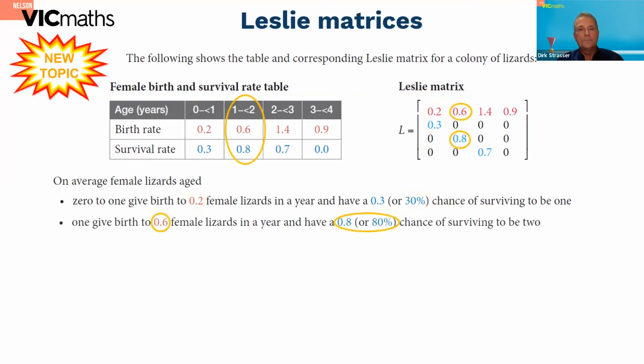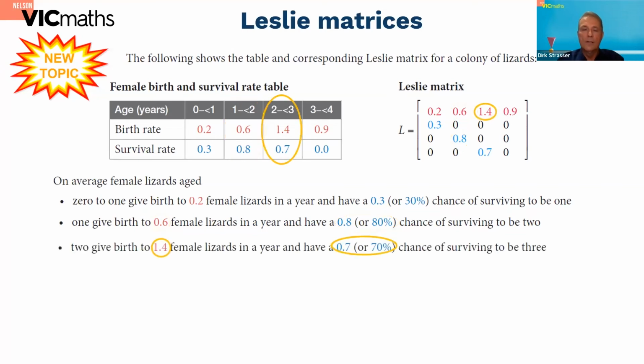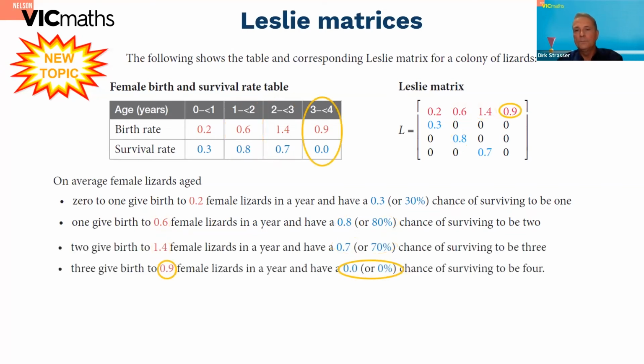Similarly, the next age group, the average female lizards aged 1, so the 1-year-olds, give birth to 0.6 female lizards. So we're only talking about the female lizards they're giving birth to, and not the total, and have a 0.8 or 80% chance of surviving to be 2, and so on. That's the information that you get from both the table and the Leslie matrix.